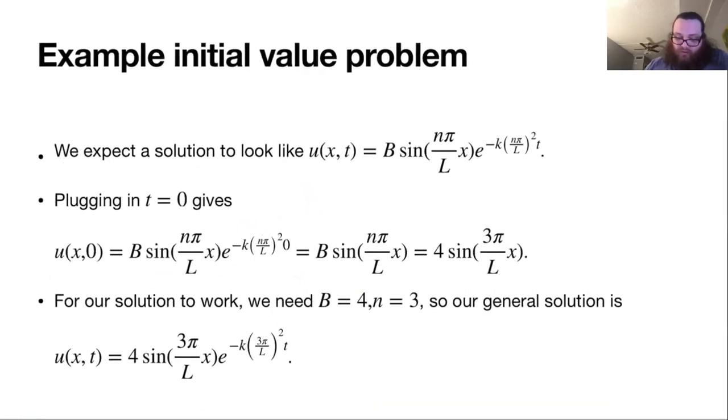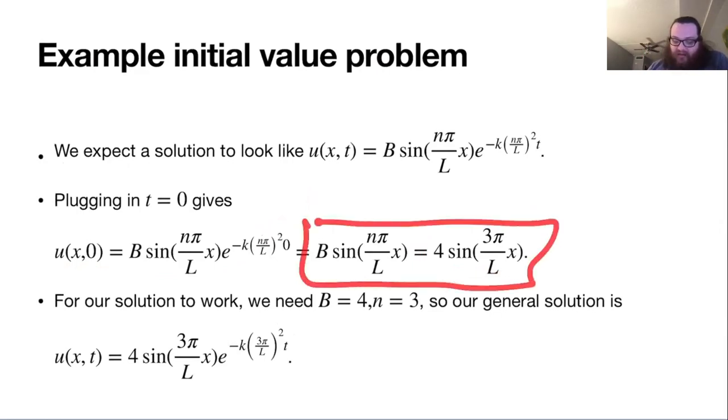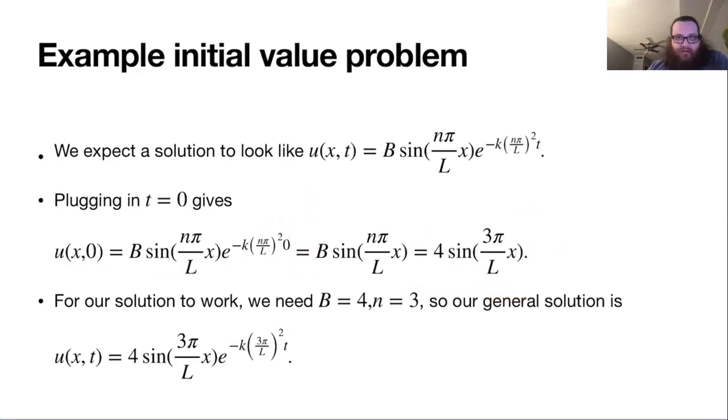But in the problem, we were told that u of x comma 0 is equal to 4 times sine of 3 pi over l x. Just comparing these two pieces, it's reasonable to ask what the constant in front should be. The constant should be 4, and n equal to 3 works. So for our general product solution to work for this specific initial condition, we need b equal to 4 and n equal to 3, so that our solution to this heat equation looks like this.